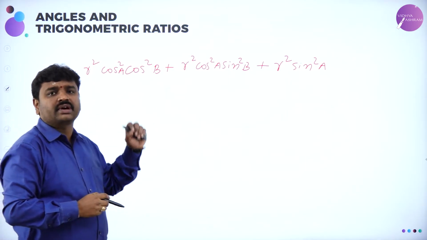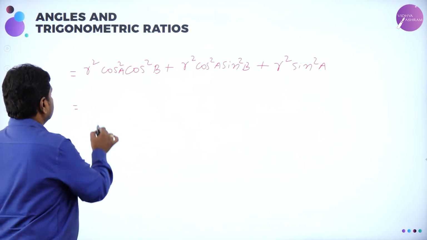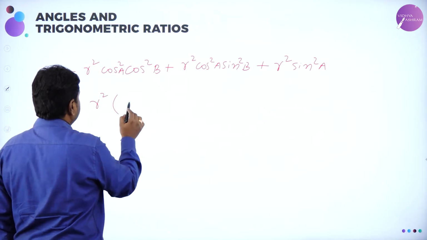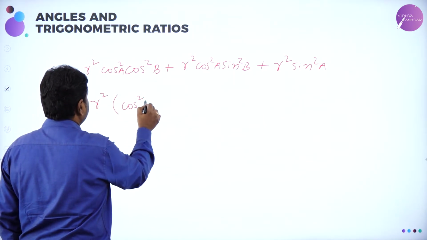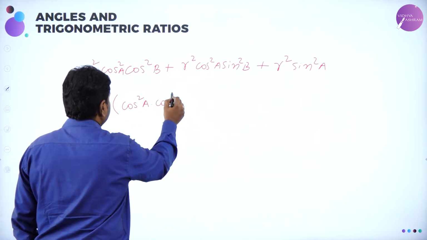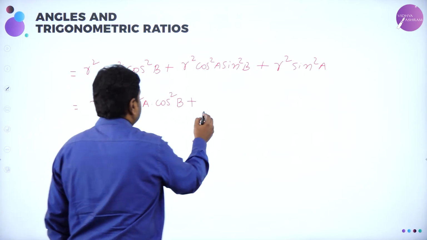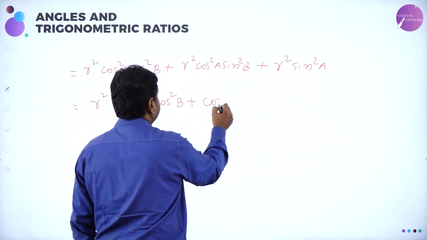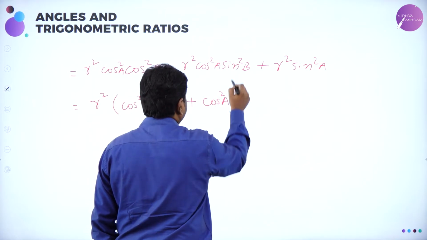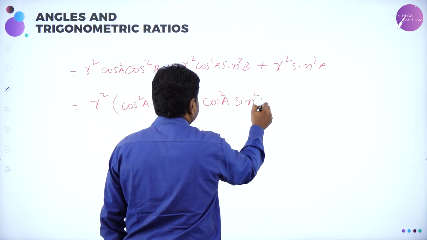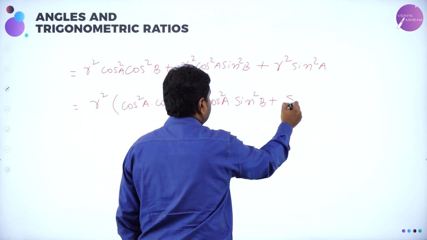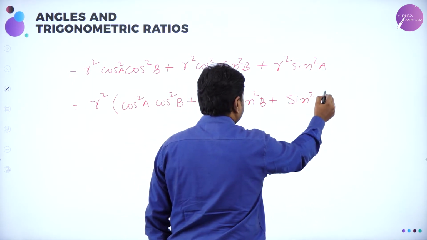So take r square common from all the terms. So r square if I take common, I'll be left with cos square A cos square B plus cos square A sin square B, plus r square is out, so we are left with sin square A.